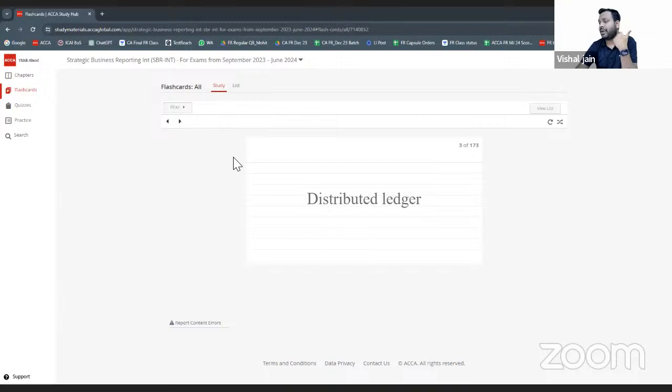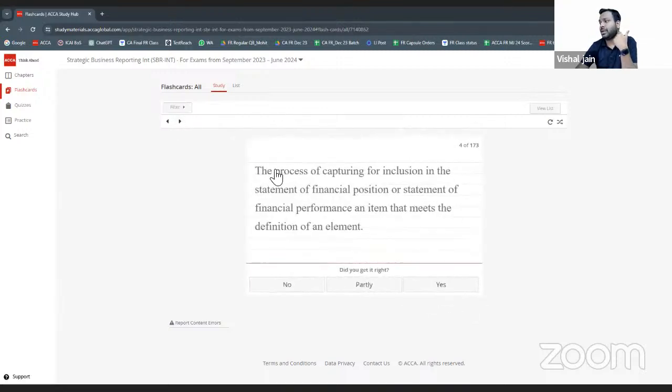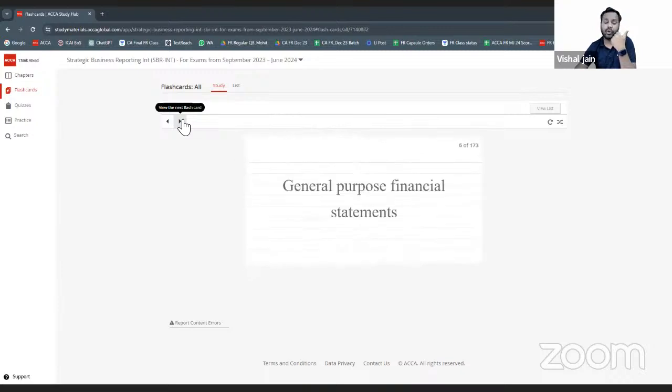See, if you have to understand what exactly recognition is, click on it: the process of capturing for inclusion in the statement of financial position or statement of financial performance an item that meets the definition of an element is called recognition. So while you are traveling, you can use these flashcards to understand the meaning of some specific terms.